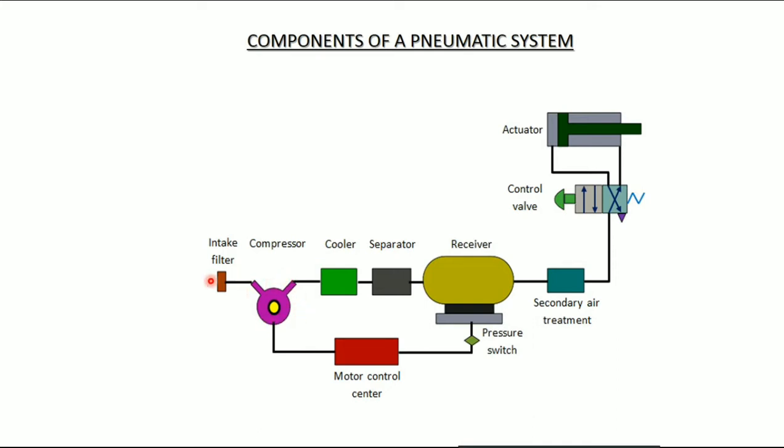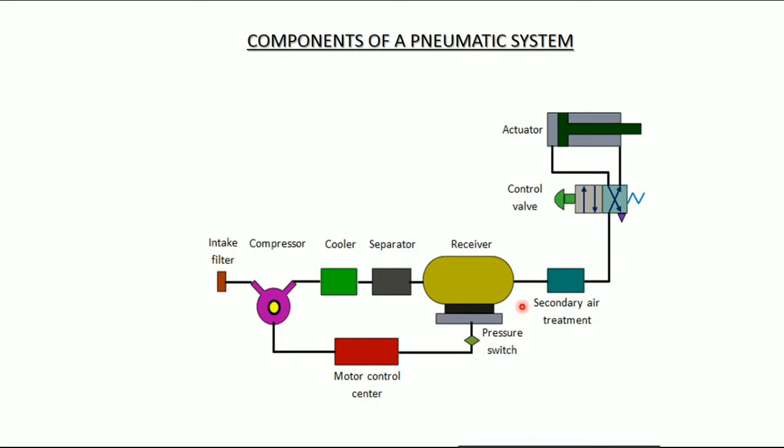So the atmospheric air comes from the atmosphere and enters the compressor. It compresses the air, that is, increases the pressure of the air. Then it is sent to the cooler, which separates the foreign particles available in the atmospheric air. Then the purified air is stored in the receiver.